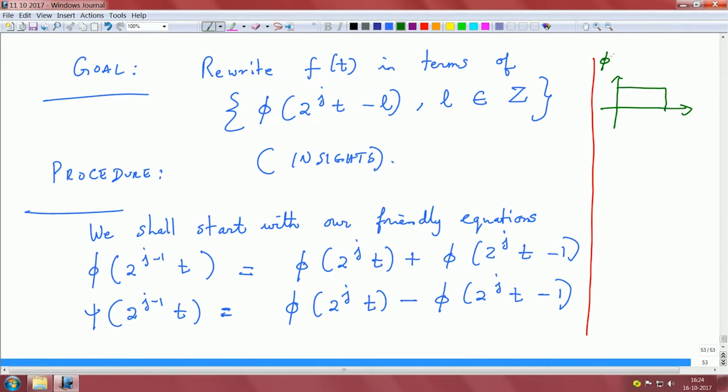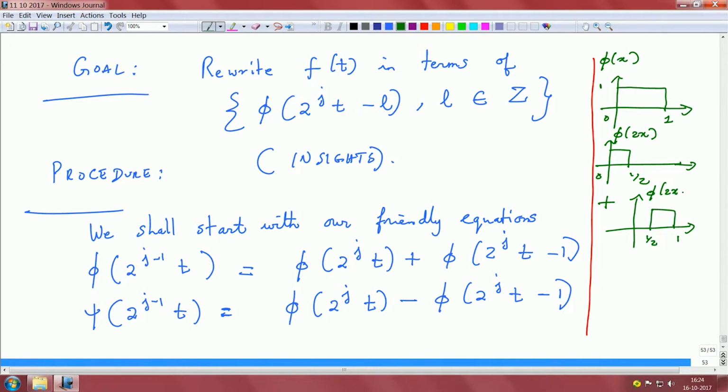So, if this is phi of x, this can be decomposed using phi of 2x plus its translate phi of 2x minus 1, right, which is phi of 2 times x minus half.